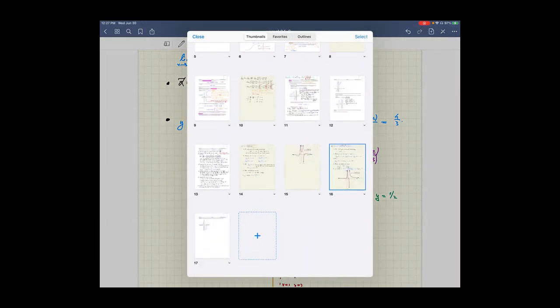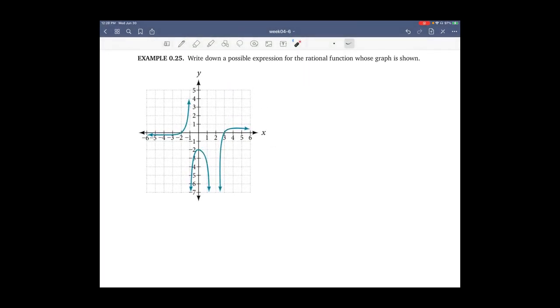Finally, I would like to show you another example where you have to do the opposite thing, write down a possible expression for the rational function whose graph is shown. So we again start with identifying the asymptotes. Looks like the asymptotes are at 2 and -1.